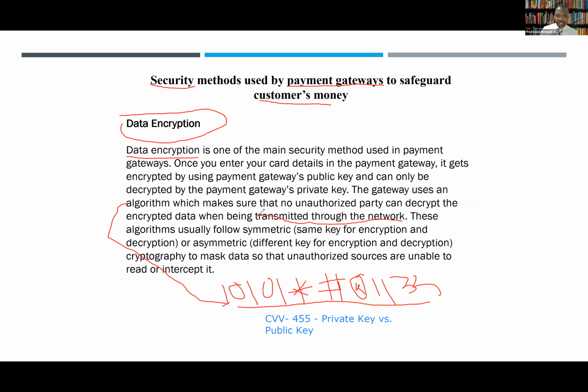Remember, electronically. These algorithms usually follow a symmetric, same key encryption and decryption, and asymmetric or different key encryption and decryption, cryptography here to mask the data. See what we've done? So that unauthorized sources are unable to read or intercept it. That's the key to what we call data encryption.